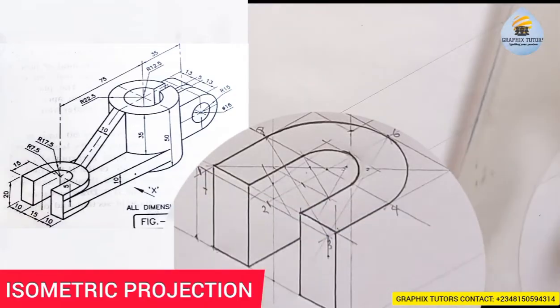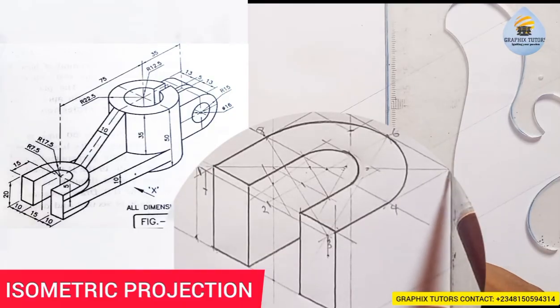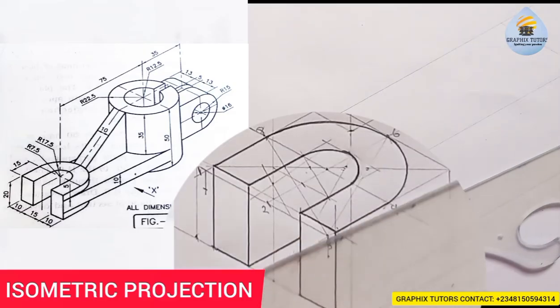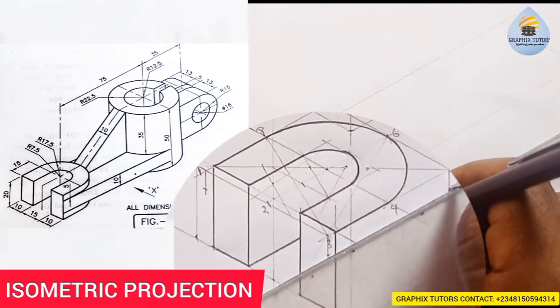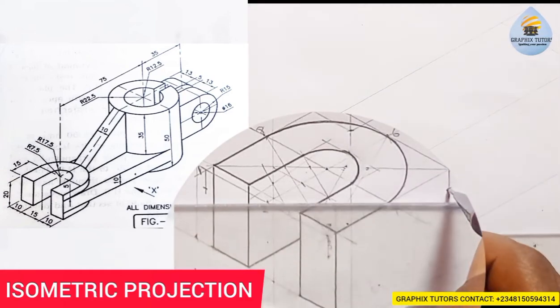And I'll bring it down, then transfer this point from here, just to avoid too many lines. I'll place it here. Now I'll join from here to here.